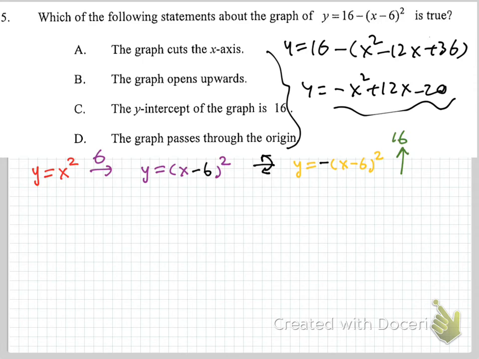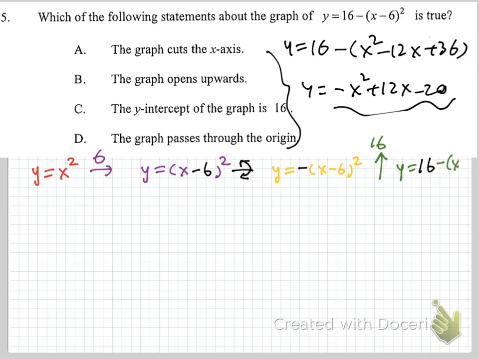So the new y will be, I'm running out of space, so let me squeeze this a little bit, sorry. The new y will be y is 16 plus that previous function. So that is 16 minus x minus 6 squared.